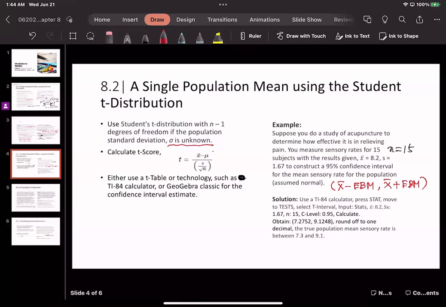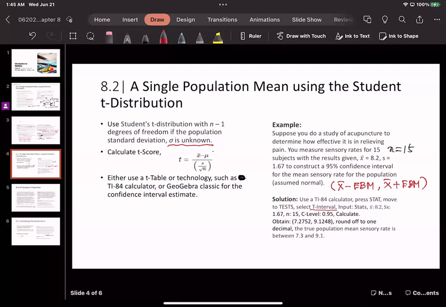Press STAT, move to TESTS, and select TInterval. For the input, we select Stats and enter the values: x bar equals 8.2, sample standard deviation 1.67, sample size n equals 15, C-level, that means confidence level, 0.95, then calculate.